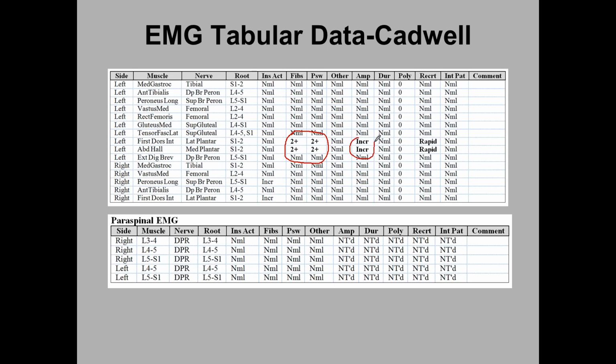Seeing the rapid firing recruitment, which implicates that there's reduced recruitment. There are not as many motor units available, so the ones that are firing don't have others to pick up their slack, so they fire rapidly. Good. That's neuropathy. And what do larger than normal amplitude motor units represent?